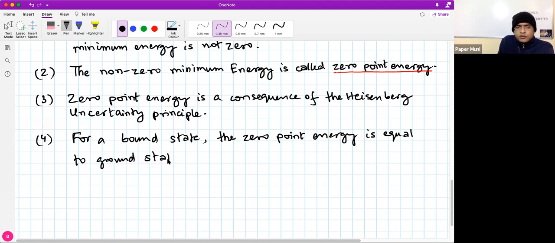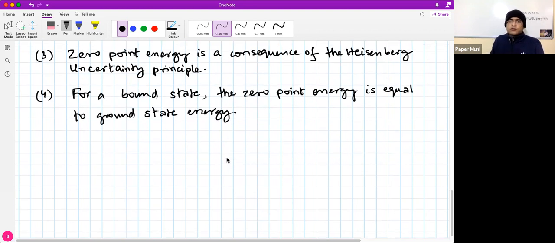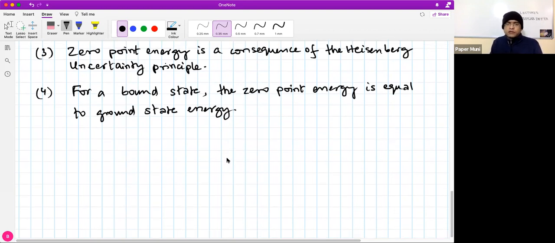Whatever the ground state energy of a bound state system is, it will be equal to the zero point energy.